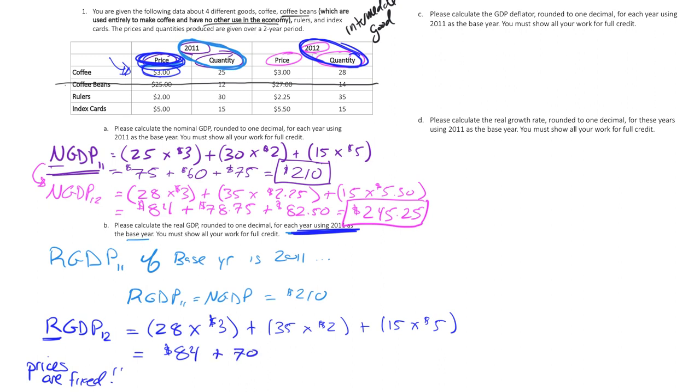We see it's $70 for rulers, and we see it's $75 for index cards. When we add that all up, we see the real value added to the economy through this production was $229 for the year 2012. Again, this was using 2012 quantity, 2011 prices, because the base year was 2011.